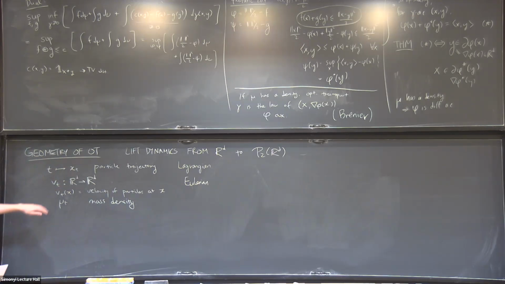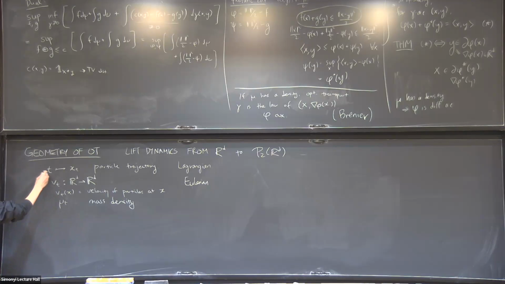The way to relate these is, we think of x_t, a single particle, as being a sample from this distribution mu_t, which is the mass density. Because V_t describes the velocity of particles at x, this tells you how the particle trajectories look.